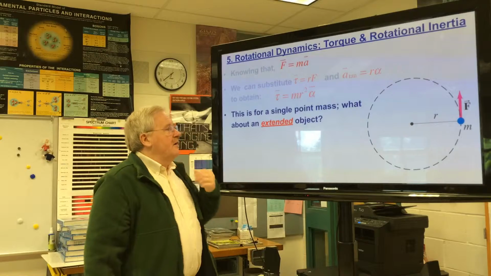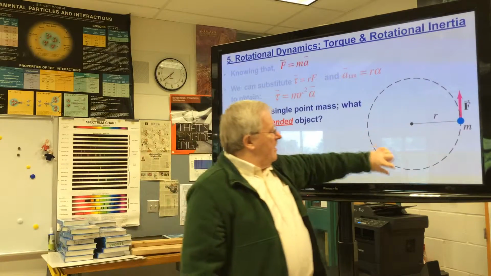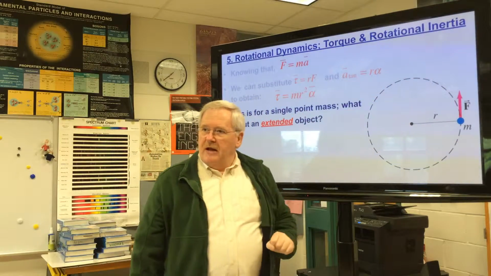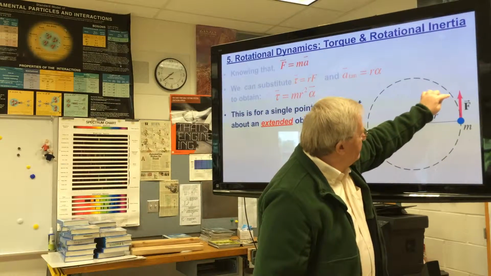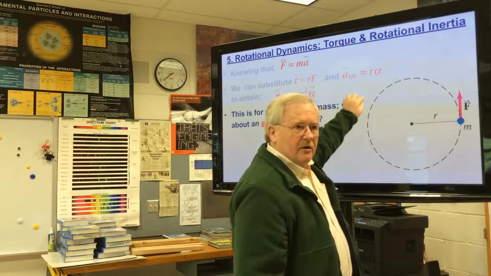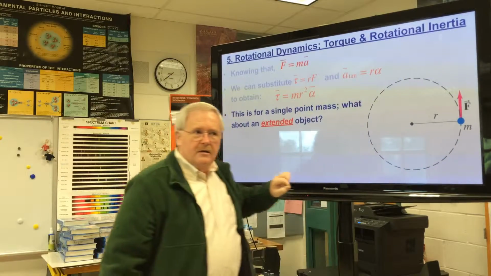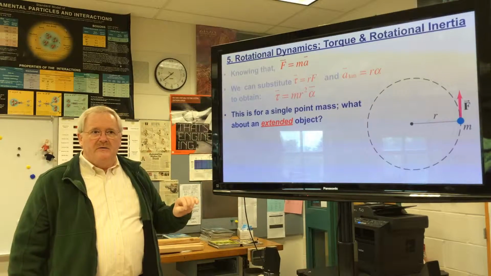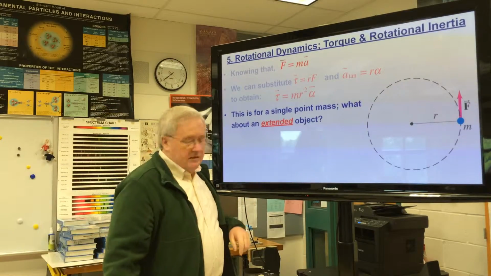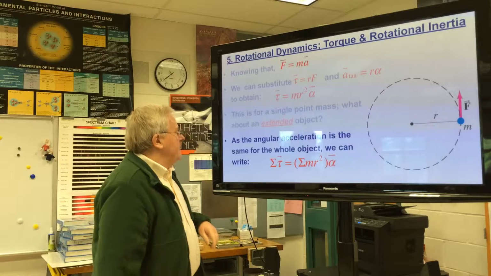But what if what was happening was you had an entire disk spinning around? Well, what you'd have to do is add up all the little masses going around here, all the way around, to find the total mass equivalent for this. And so we do just that.